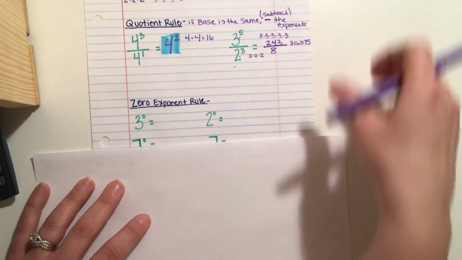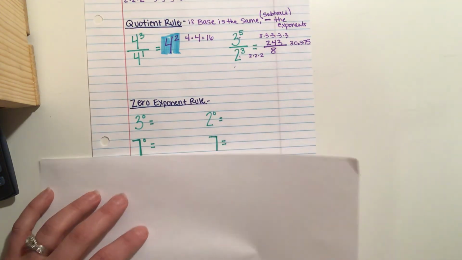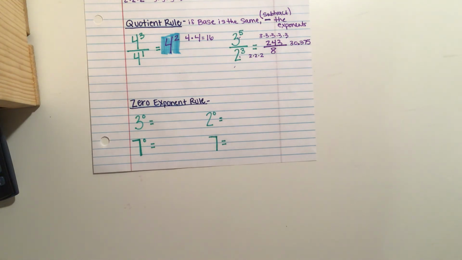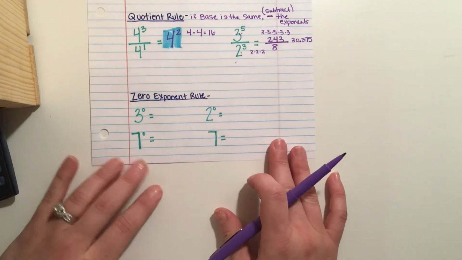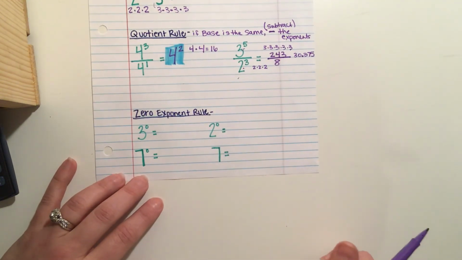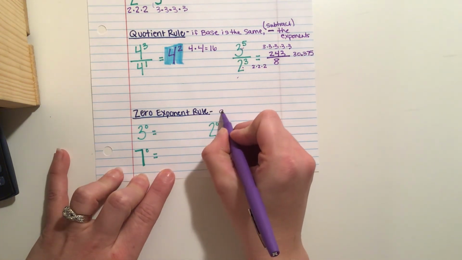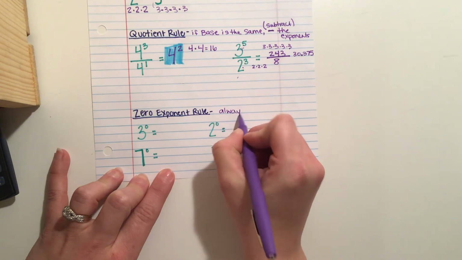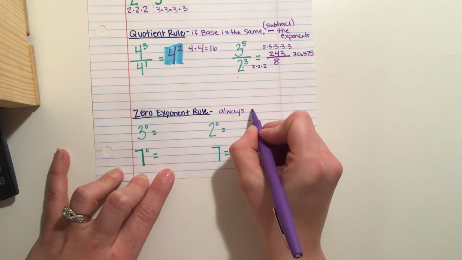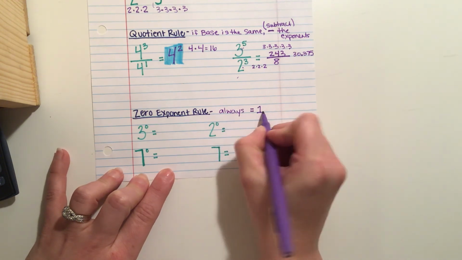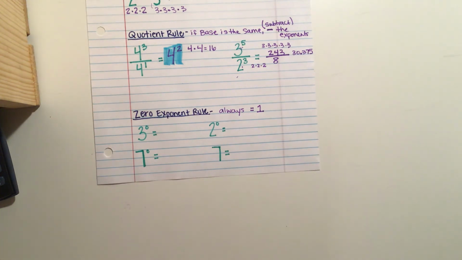Let's look lastly on this particular video, let's look at the zero exponent rule. Now, anytime you have 0 as your exponent, the zero exponent rule always equals a 1. All right, what do you mean always equals a 1?